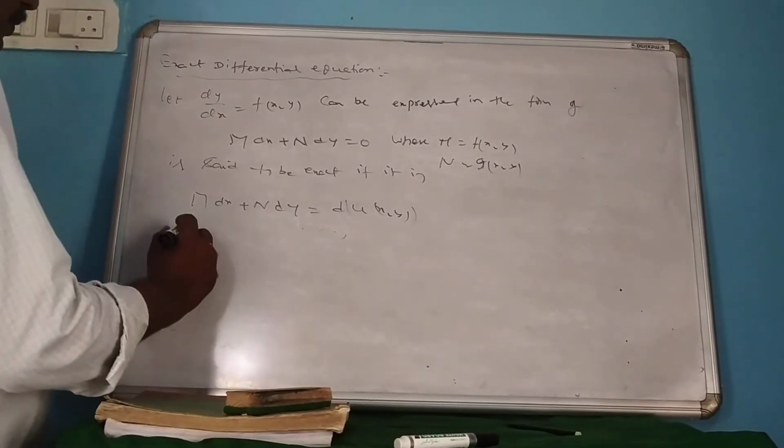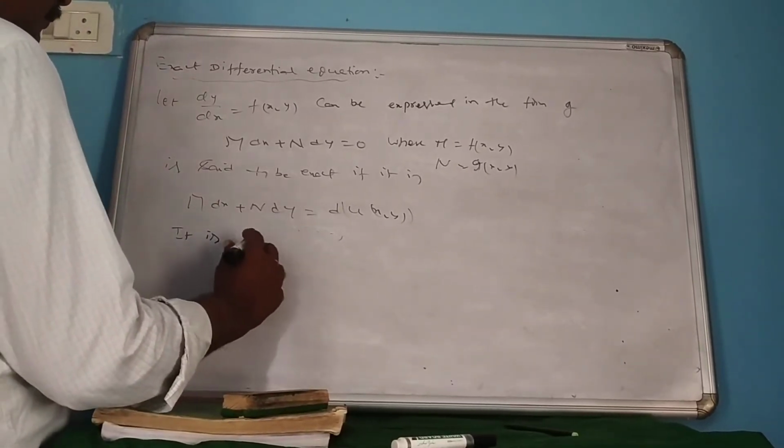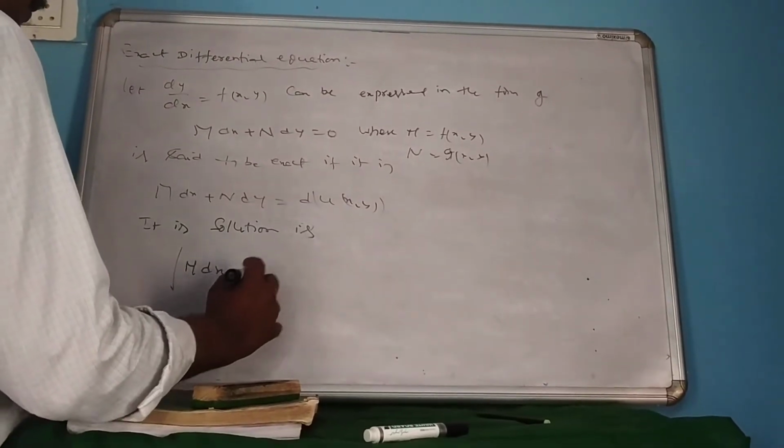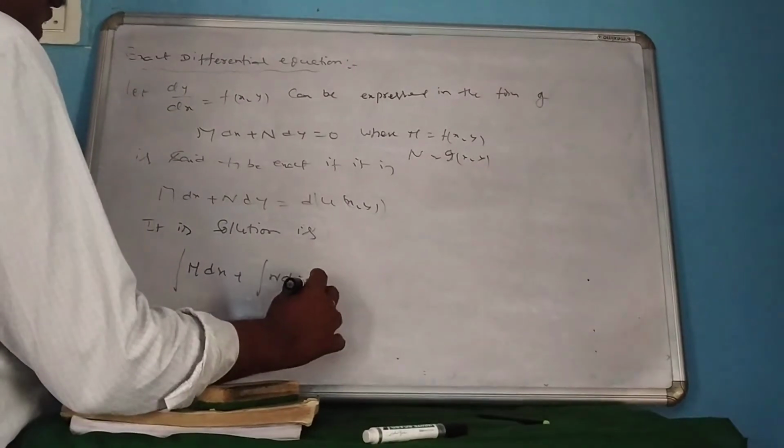Its solution is integral M dx plus integral N dy is equal to 0.